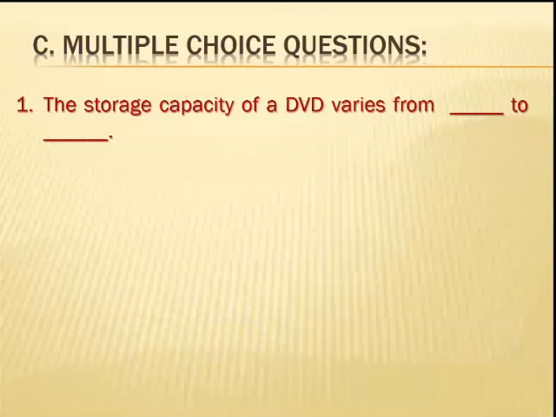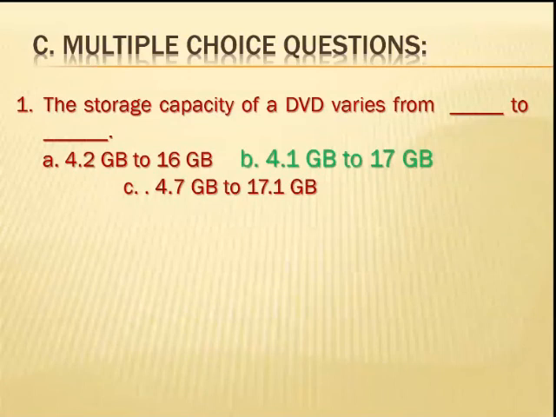The options given are A. 4.2 GB to 16 GB, B. 4.1 GB to 17 GB, C. 4.7 GB to 17.1 GB. The correct answer I have already highlighted with the green color. So B is the correct answer. It is given in the textbook. You must go through it.